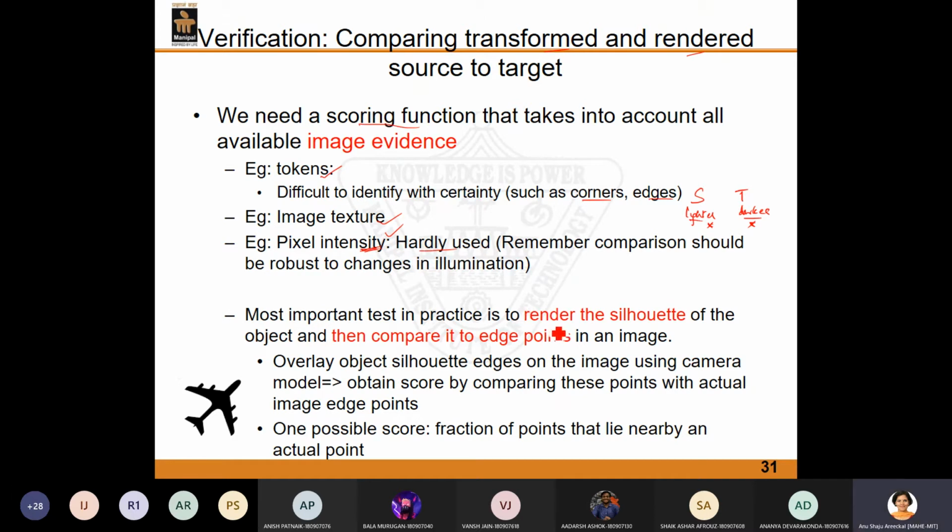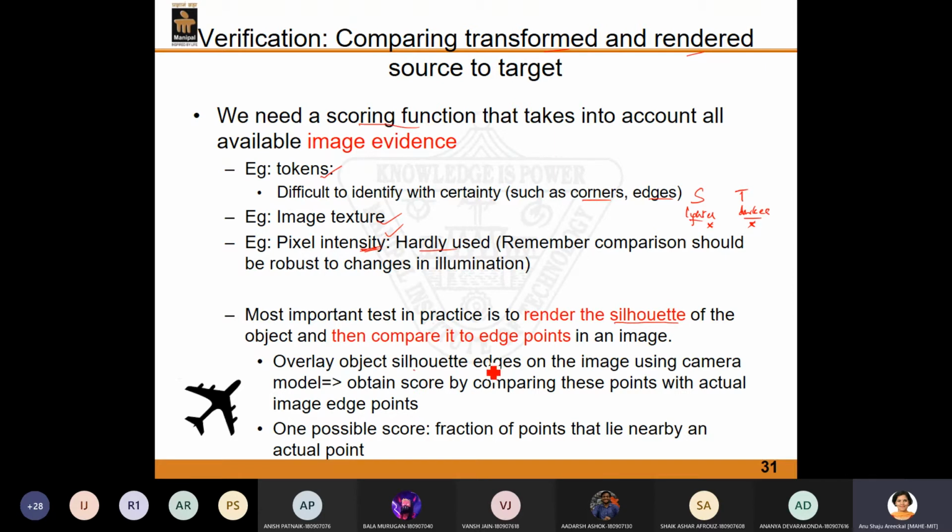Another important method by which you can compare the source and target image is by rendering the silhouette of the image or of the object. In this particular technique, we first find out what are the silhouette edges which are present on the image using the camera model.